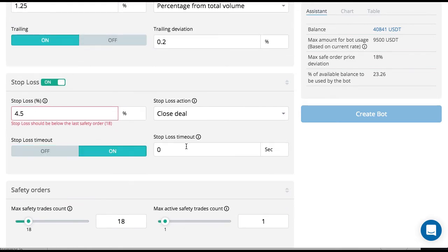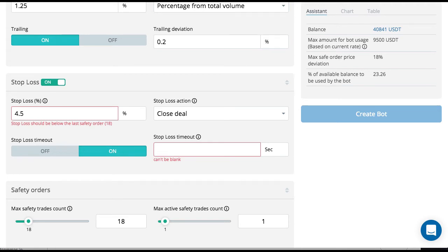Stop loss timeout. Sometimes a coin will dump fast, but then have a tendency to return back up to where it was very quickly. And so even though there's a quick push down because it's low liquidity or whatever, you don't want that trade to close because you know for some reason that this coin often does that. People are manipulating, whatever the reason may be, and you want to make sure that it's going to stay open.